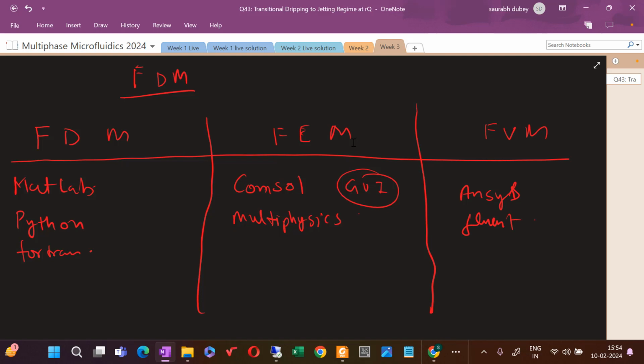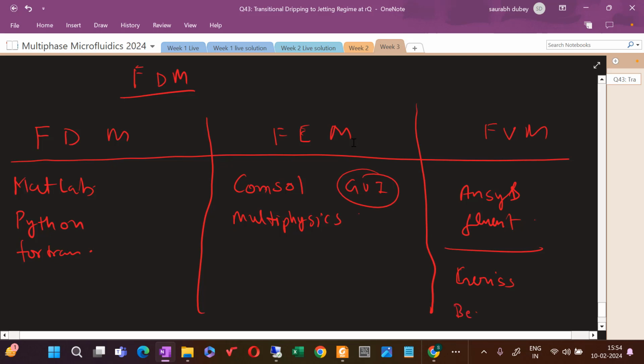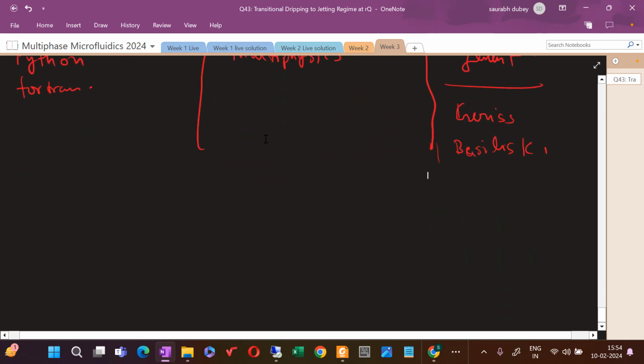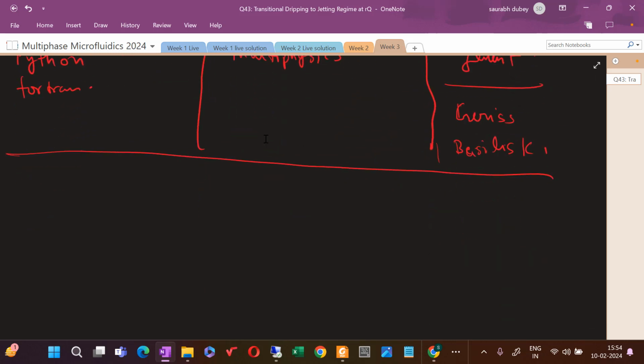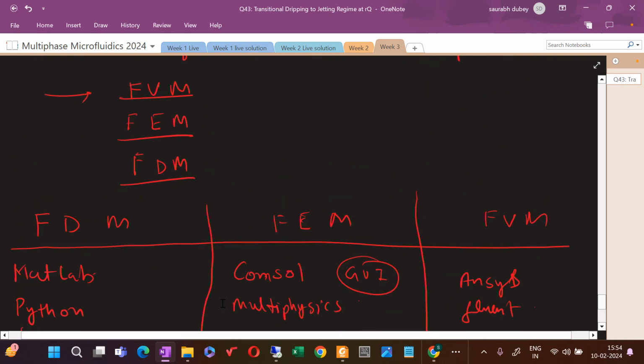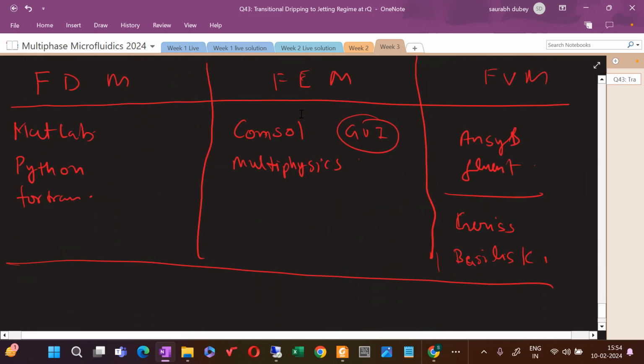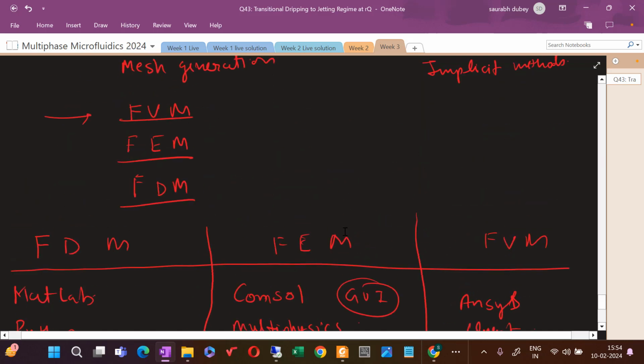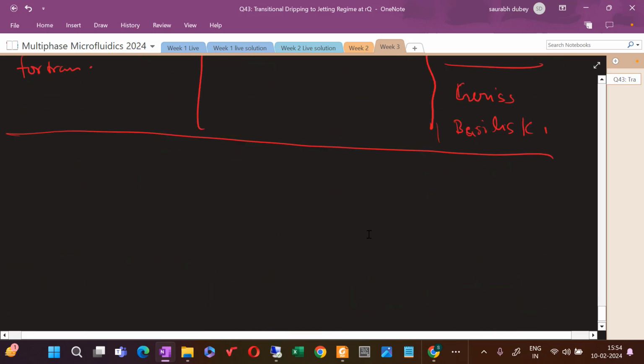There are some other finite volume based codes like Gerris and Basilisk. These are some rough names of the software that are being used, and behind their methodology, internal discretization is done through these different discretization schemes.